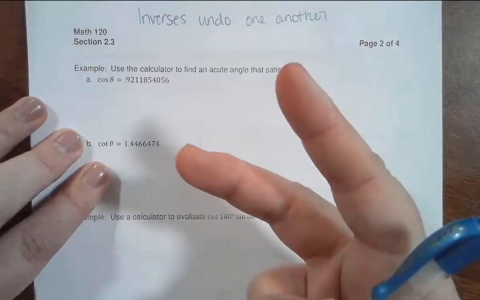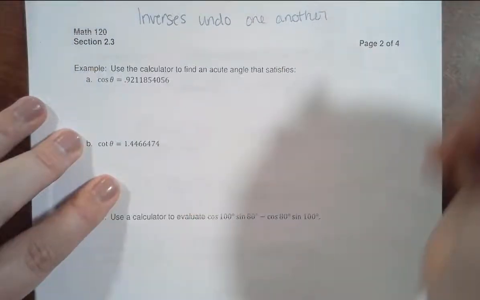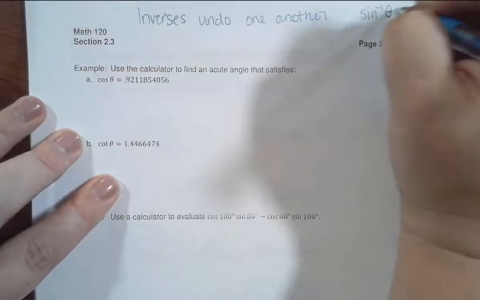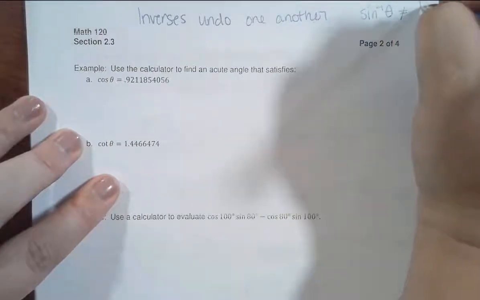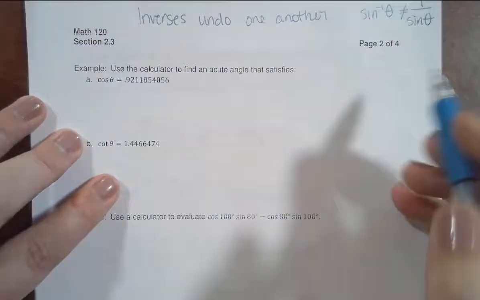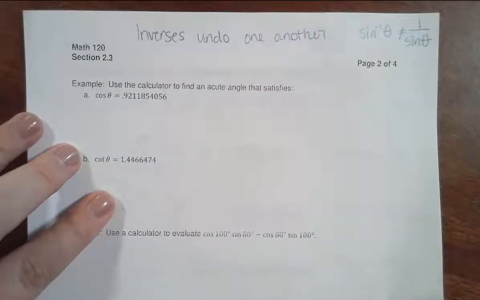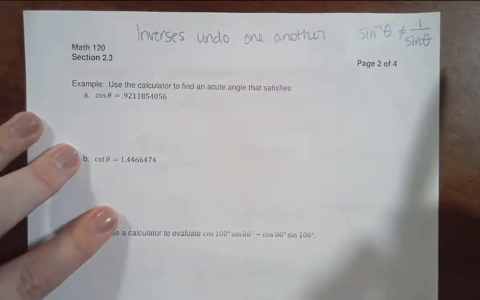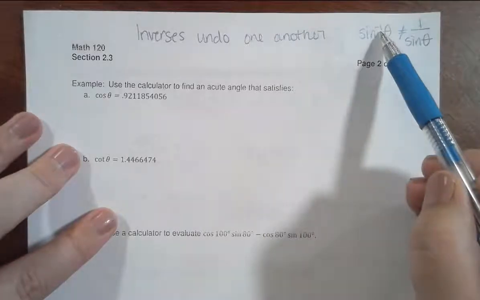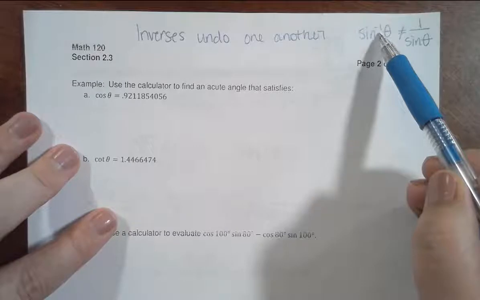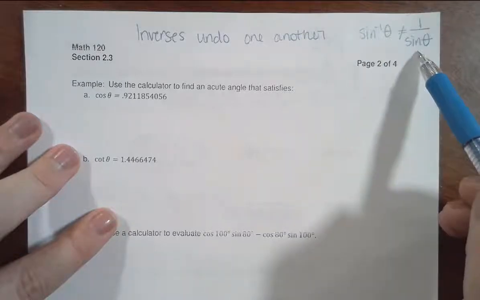Sine inverse of theta does not equal 1 over sine theta, okay? This is a big misconception, okay? This inverse, that's inverse notation. It does not mean it's sine to the -1 power, okay? So, no, don't do that, okay?